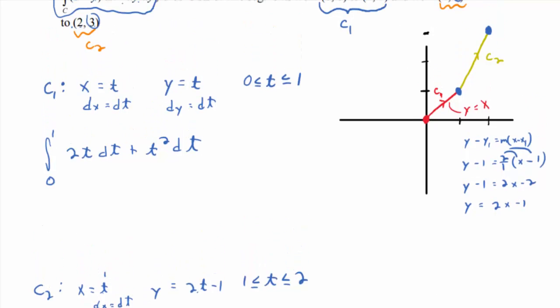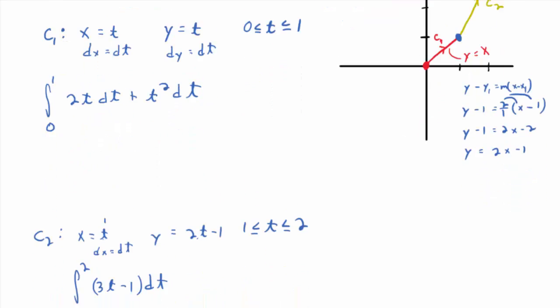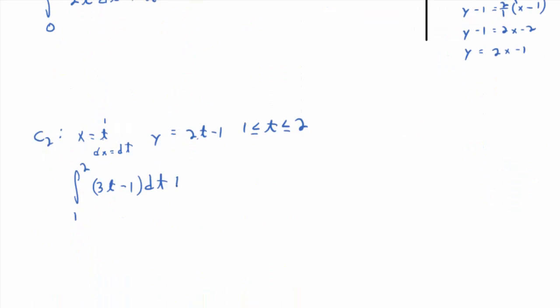And then the second part, x times y, dy. So plus t times 2t minus 1. And then what? dy is a little different here. What's dy? 2 dt, right? So 2 dt. There's your second setup. Does that make sense?